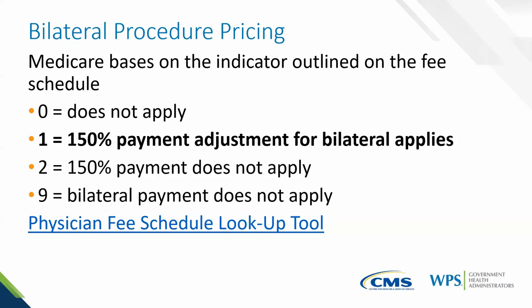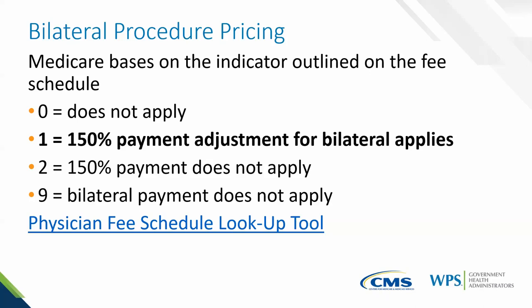So under the 0, we're simply going to price based on the units that you submit. Under the 1, we're going to take the Medicare fee schedule amount for that surgery, and then our allowed amount is going to be 150% of that fee schedule amount, because you're doing 2 services with that modifier 50. When you submit that, you'll have the procedure code, modifier 50, and 1 unit of service.